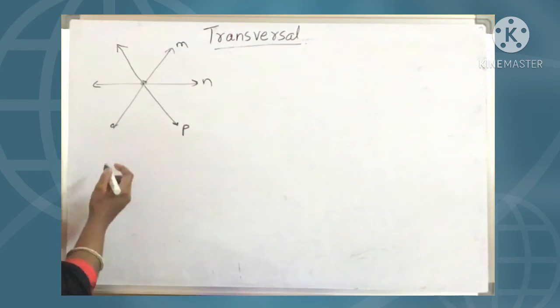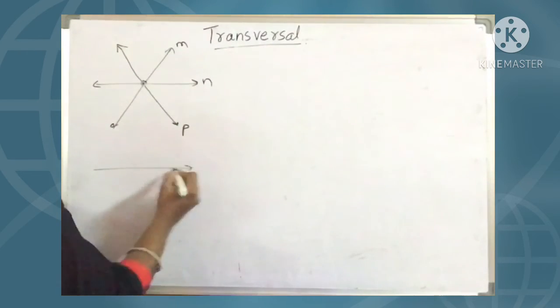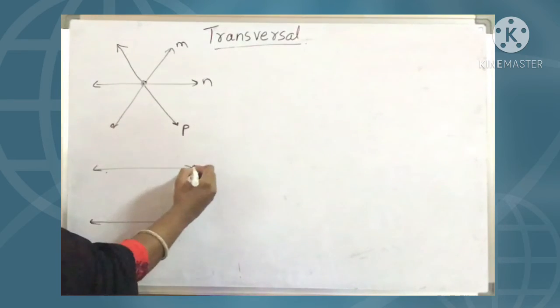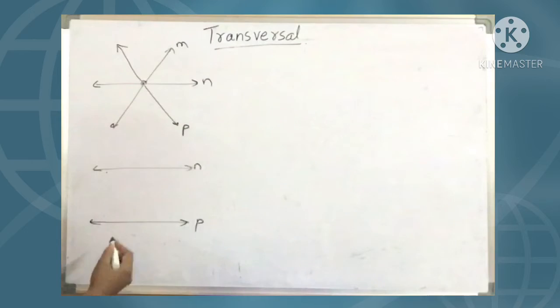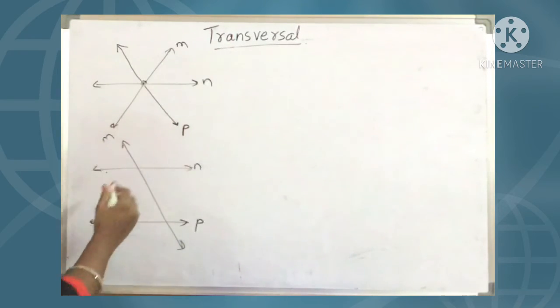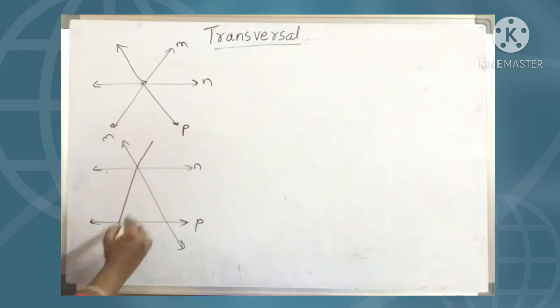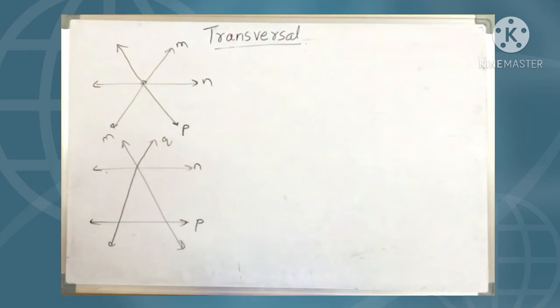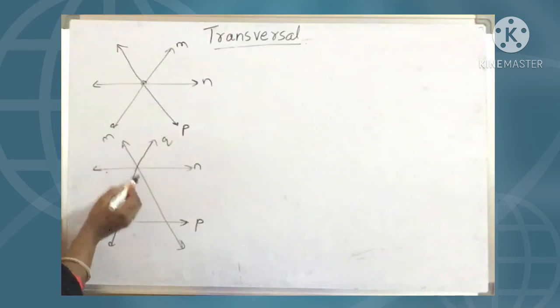And here I consider one more figure. Suppose this is one line and this is one line. Let this be N and this be P. Now I will draw one line here, M, and another one, Q. Can I say here M is a transversal or Q is a transversal? Can I say M?